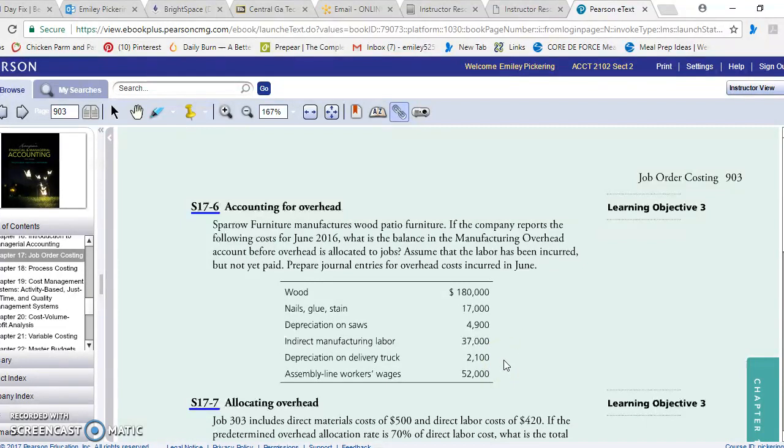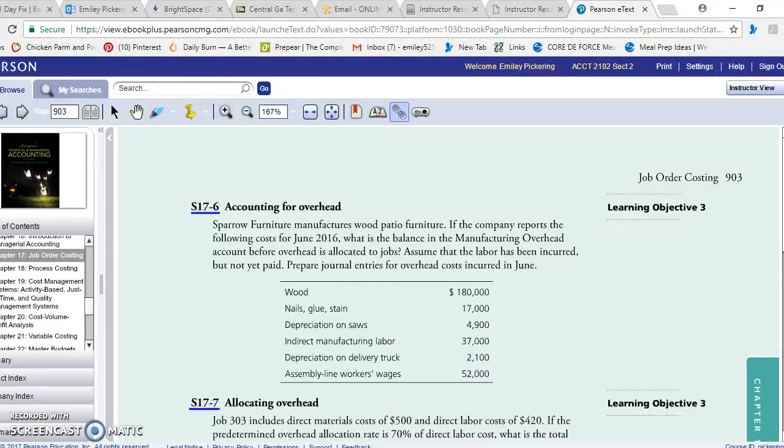Depreciation on delivery trucks gets a little bit tricky because it doesn't have anything to do with the manufacturing process. It has to do with the delivery process, so it's not even going to be included in the manufacturing costs. And assembly line workers' wages are manufacturing costs, but they're going to be direct labor, not indirect labor.